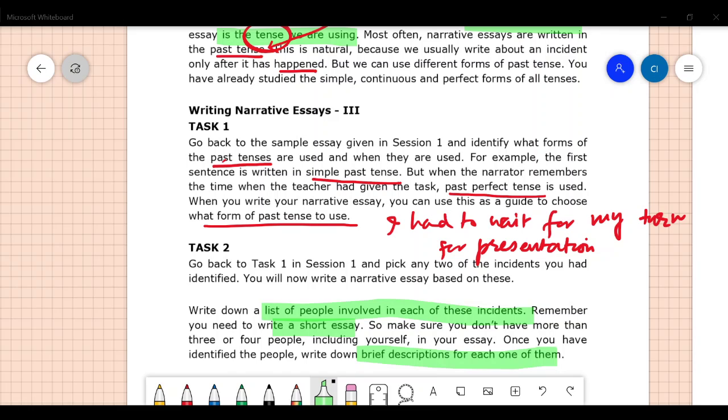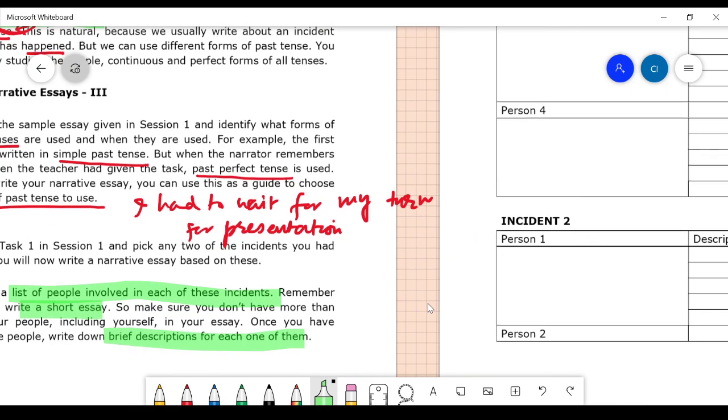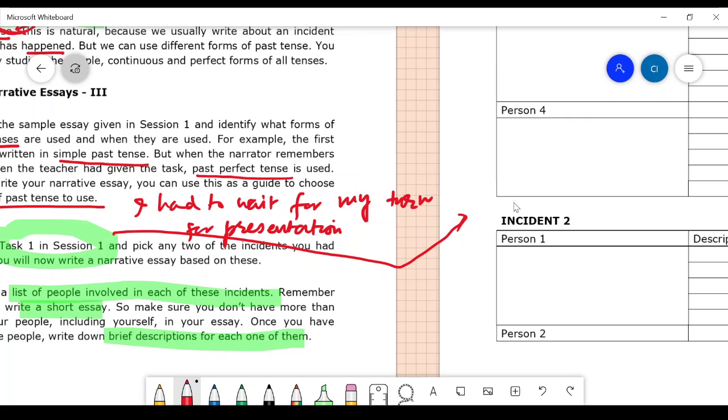I think you have seen what surprised us the most. Okay, so let me write that in task 1 session 1. We had something: what surprised you the most?